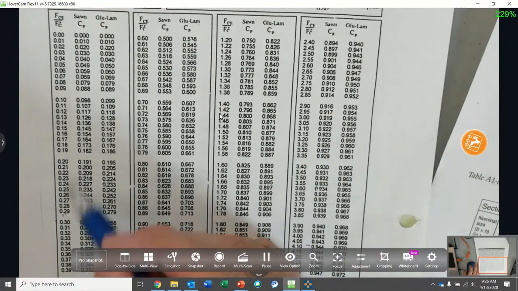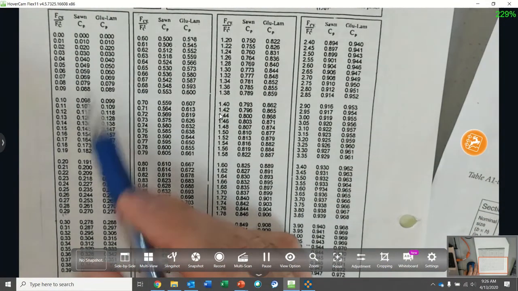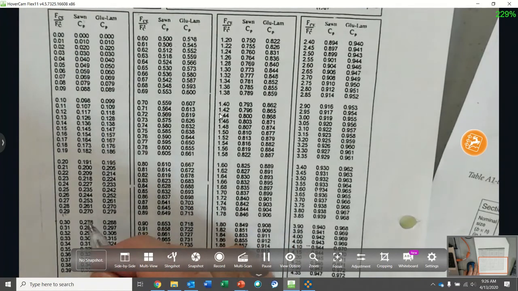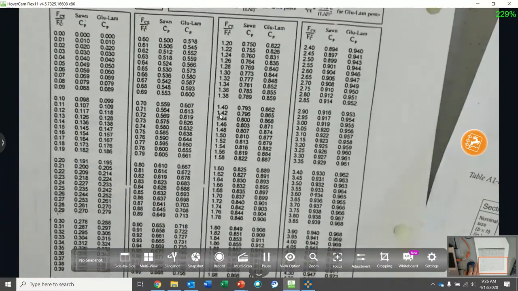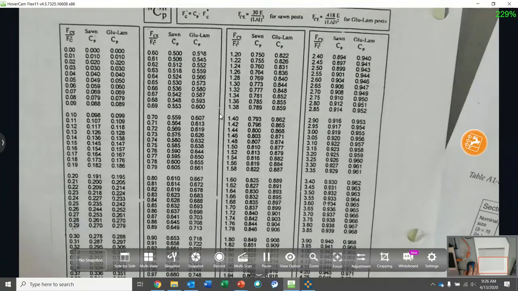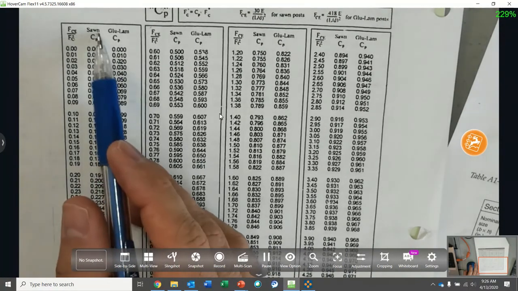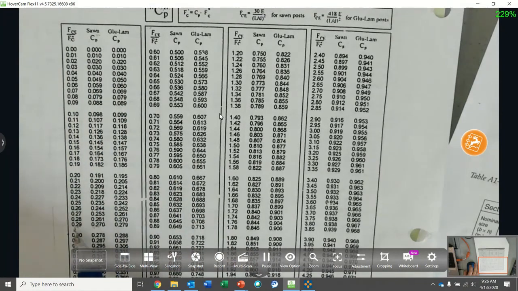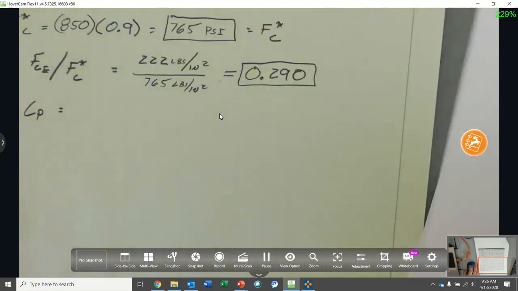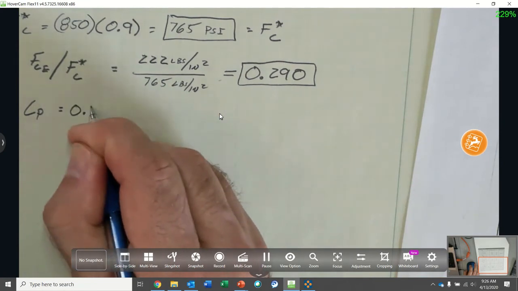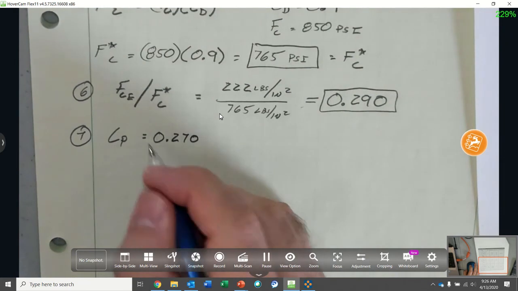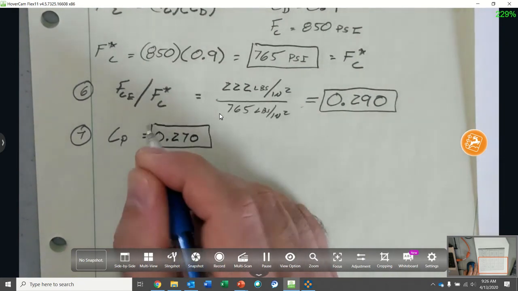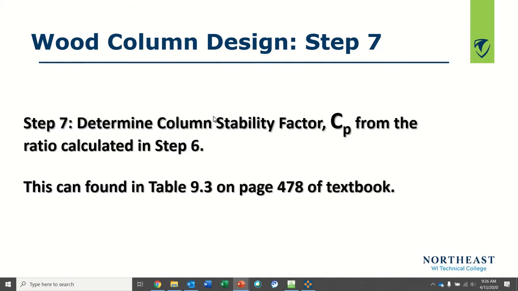I come down here, find 0.290, and in the sawn lumber category I have 0.270. So that's my CP value.